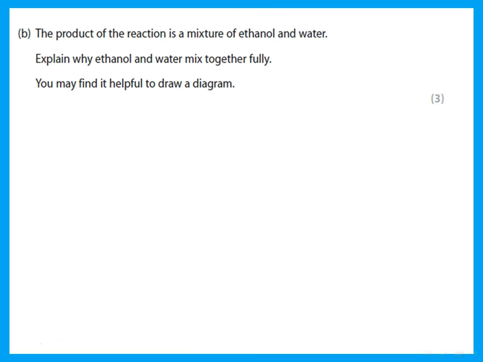Then the product of the reaction is a mixture of ethanol and water. Explain why ethanol and water mix together. Remember that we said things will dissolve in water if they're ionic, then the water will surround the ions, or if it can form hydrogen bond with water.